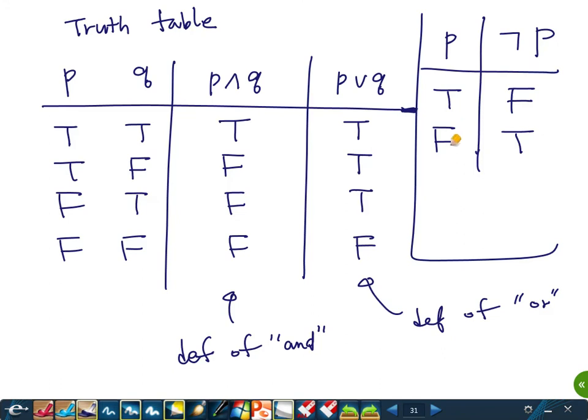If P is false, not P equals true. Yes. Okay, so the question is about primes. Every prime is even.